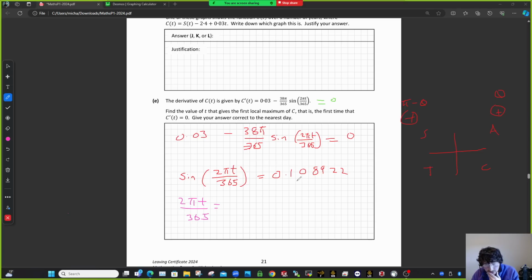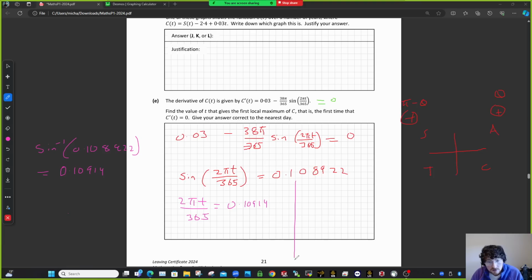The sine inverse of 0.108922 is equal to 0.10914. So you can just set that equal there. This is the first solution.